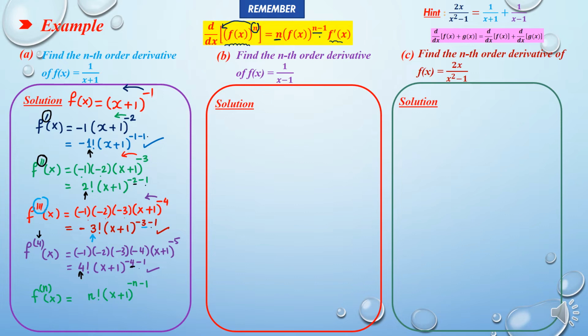But pay attention here, the first derivative is negative, the second derivative is positive, the third derivative is negative, and the fourth derivative is positive. So it's alternating, which means you have to multiply the formula of the nth derivative by something, and this will be negative 1 to the nth power, because negative 1 to the nth power will be negative 1 when n is odd, and it will be 1 when n is even.